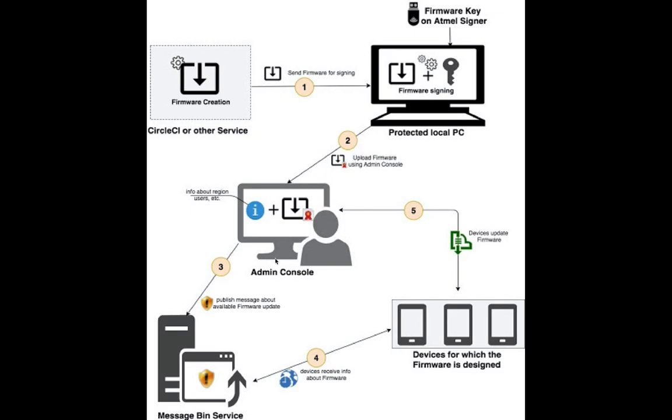After uploading, the administration console service informs the message bin service. Message bin service is something like MQTT plus some additional stuff. Message bin service informs all devices that are connected to the internet about new firmware. After that, these devices request their own firmware.